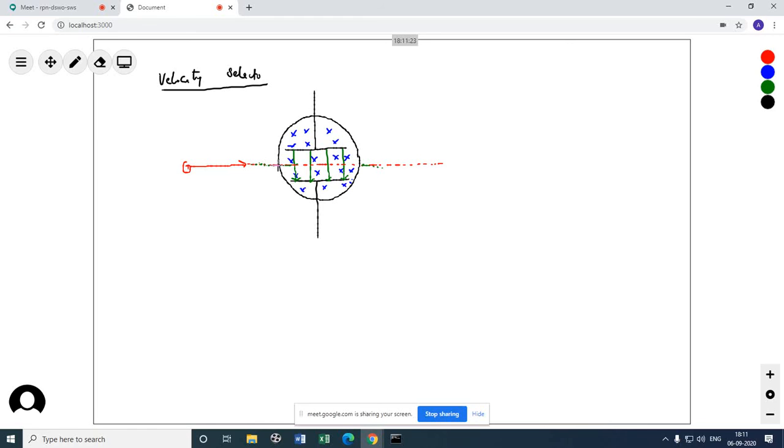The deflection will be either this way or this way. We would like to see which one is which. Clear? So these are the two. So this is a charged particle, and this is the velocity.